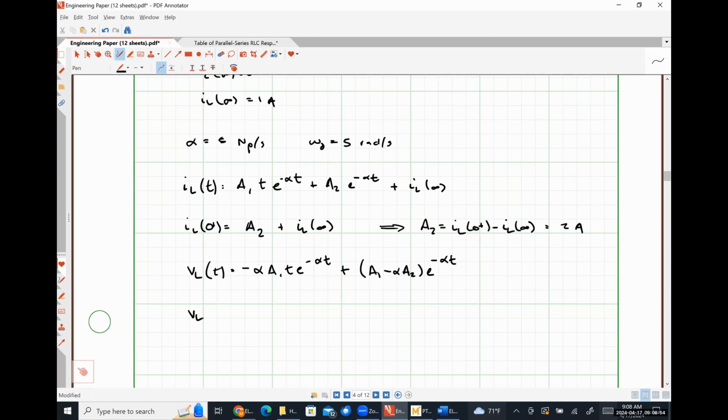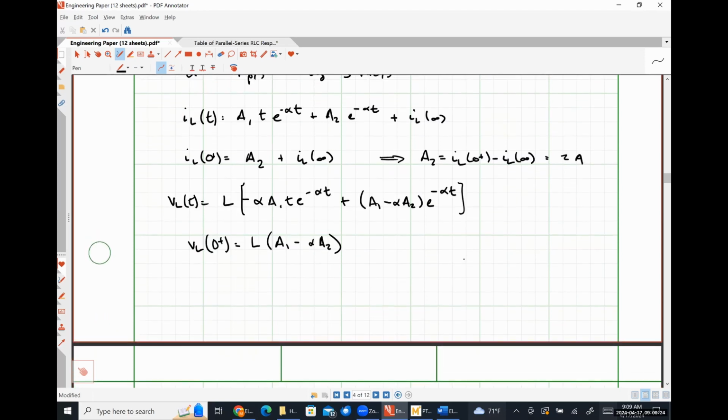So VL, oops, sorry. Let me scooch this over here. L times that whole thing because it's L times the derivative. I apologize for that. So that's going to be L times A1 minus alpha A2.